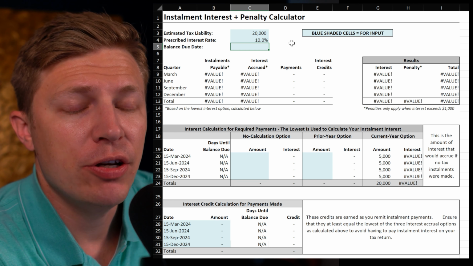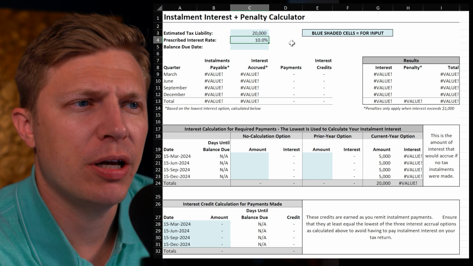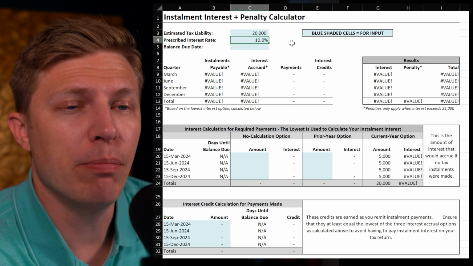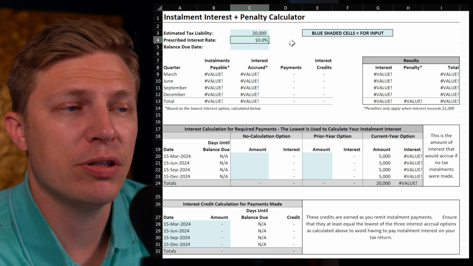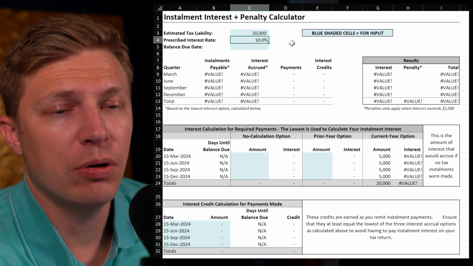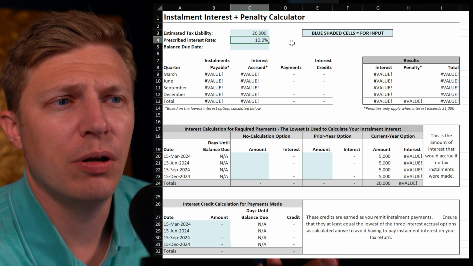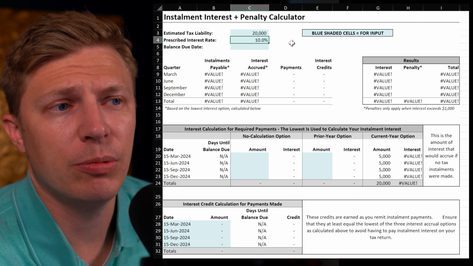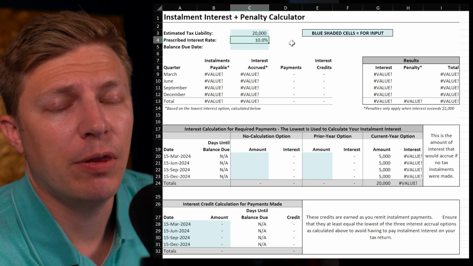There's a simplification in this spreadsheet where I'm only allowing you to put in one number here. So you do have to consider that if you were to do this the most technically correct way, you would actually need to know the prescribed interest rates for Q1 of 2024 all the way to Q2 of 2025, because we're talking about a timeline that goes from March 15th, which is the date of the first tax installment request, all the way up until April 30th, your filing deadline of the following year.